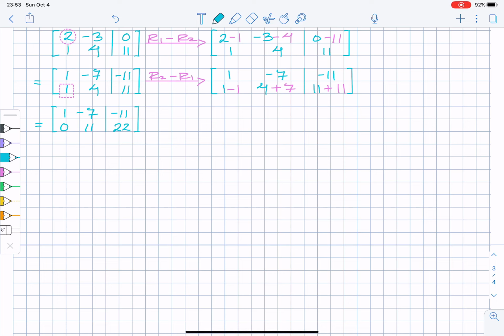So my next step is to get a 1 in the next spot along the diagonal. I want that to be a 1. So I claim that if I divide row 2 by 11, that'll get me the 1 in that place. So I'm going to do 1/11th of each entry in row 2. 1/11th times 0, 1/11th times 11, and 1/11th times 22.